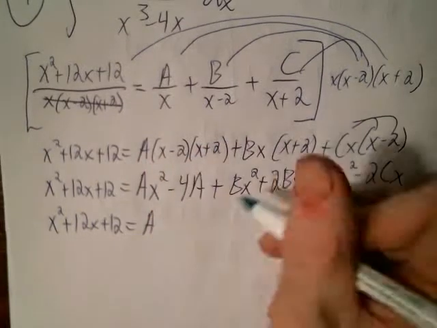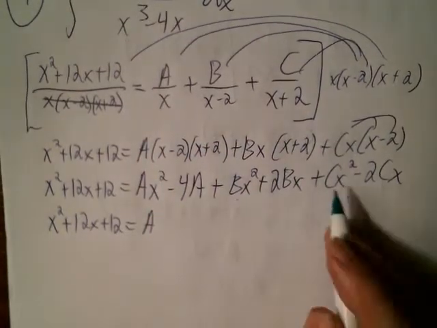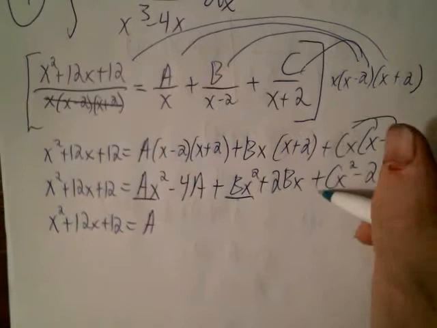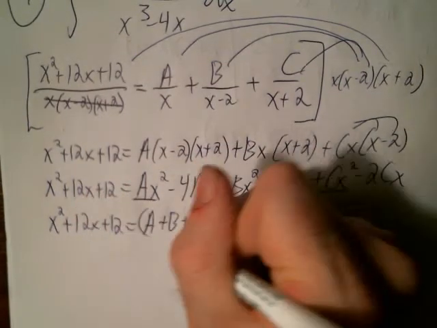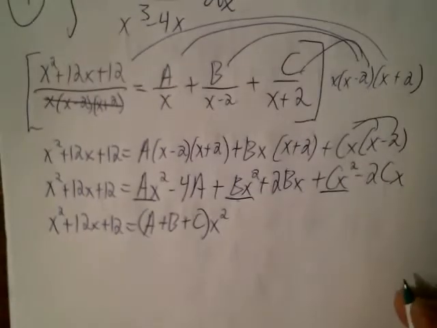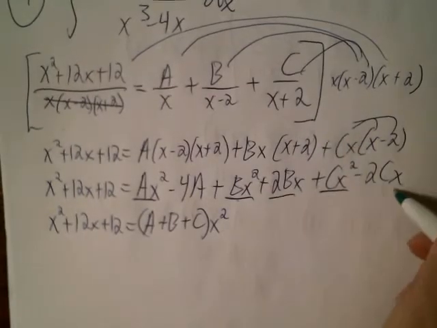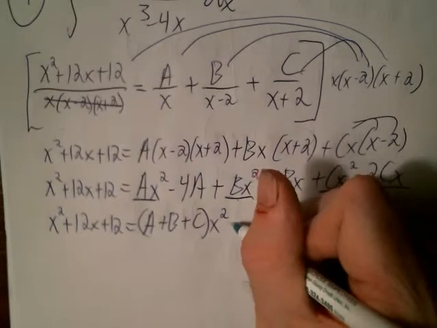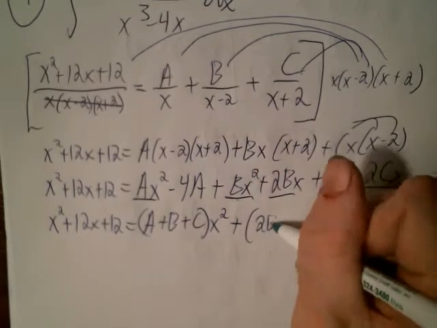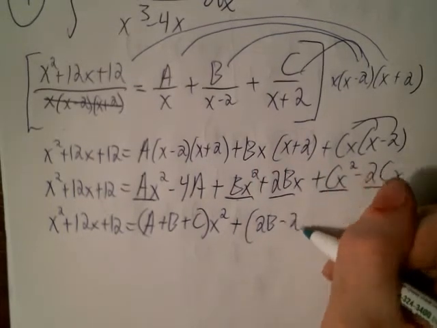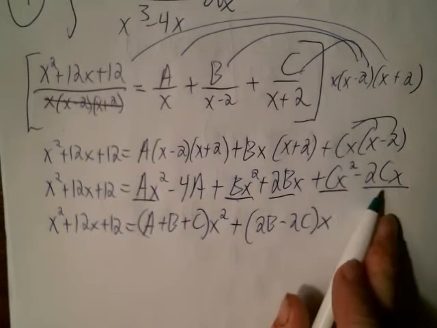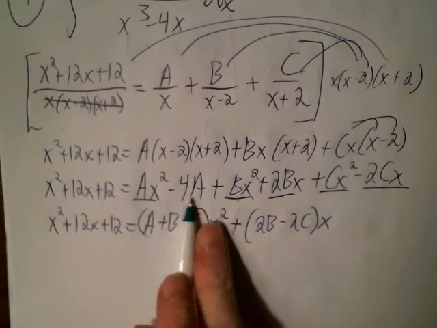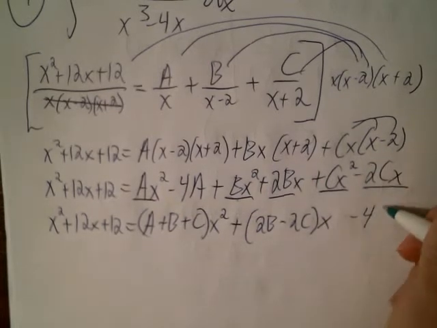So I have an A, B, and C x squared. You can factor the x squared out of all those, and you get (A plus B plus C) times x squared. And then the x terms, so I'll have plus (2B minus 2C) x, after you factor out the x from this guy and this guy. And then finally, the constant term is just minus 4A.